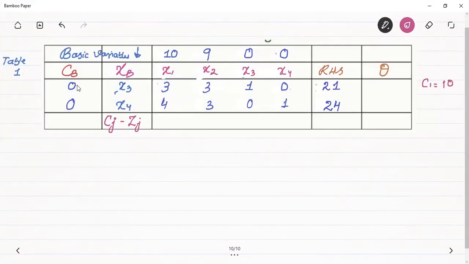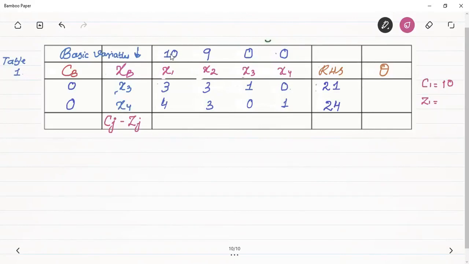After that, how we find Zj will be actually Z1. J will have values of 1, 2, 3 and 4 for a particular column. So here it will be C1 minus Z1, here C2 minus Z2, here C3 minus Z3, and here C4 minus Z4.